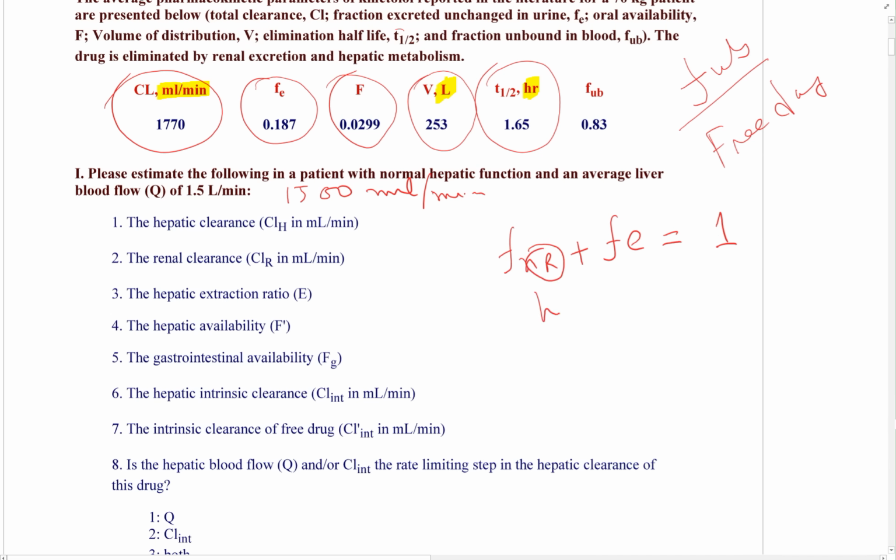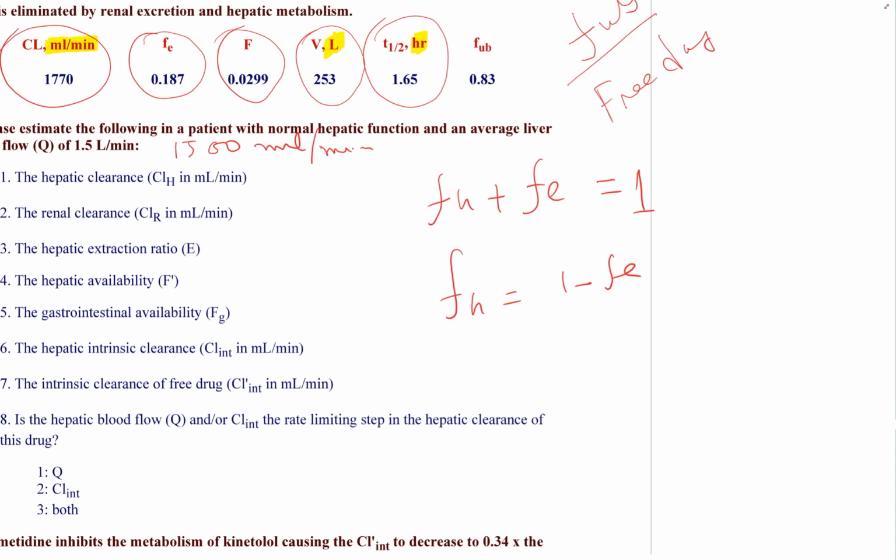Mainly, most of the drugs are eliminated by either renal elimination or hepatic elimination or hepatic clearance. Again, so here we have FH plus FE is equal to 1, and FH would be 1 minus FE, which is going to be then 1 minus 0.187.